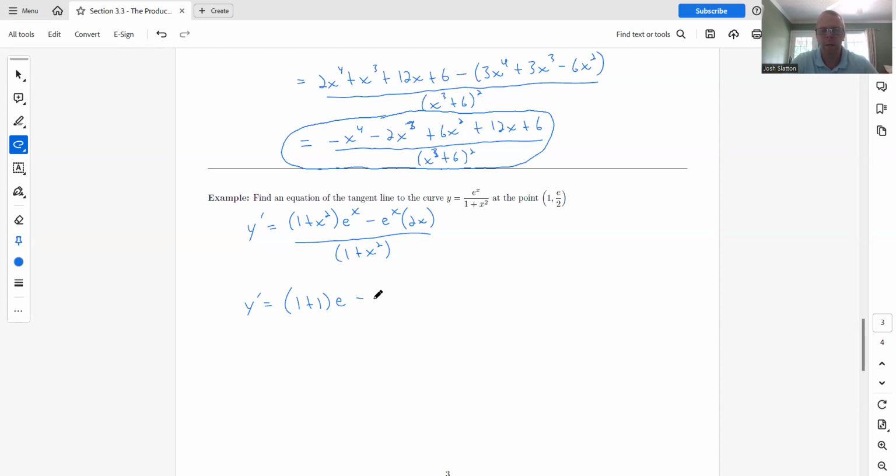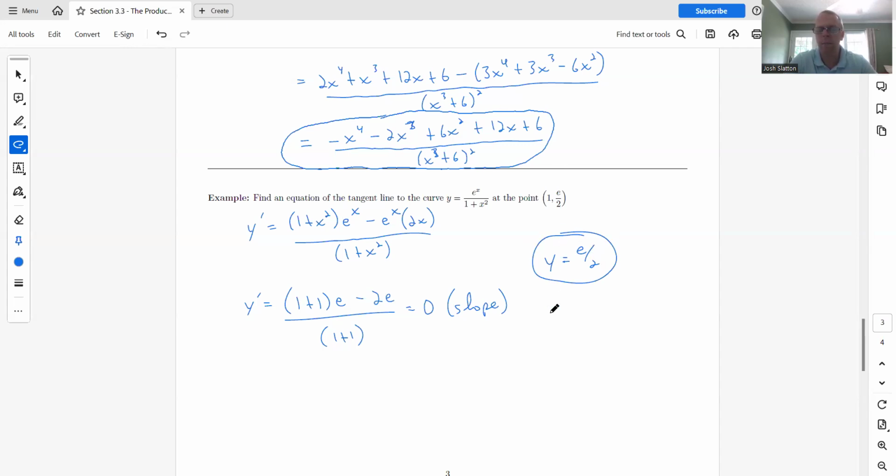So the first minus, that would be 2e over 1 plus 1. And so we actually get 0 here. So we have 2e minus 2e, and so our slope is 0. And so then we're just going to have y equals e over 2 for our equation.